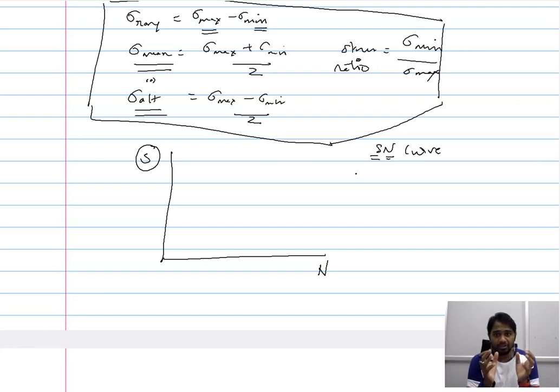So when you are considering such an SN curve, it is important to understand what the S denotes. And N is the number of cycles the material is able to survive for a given stress.